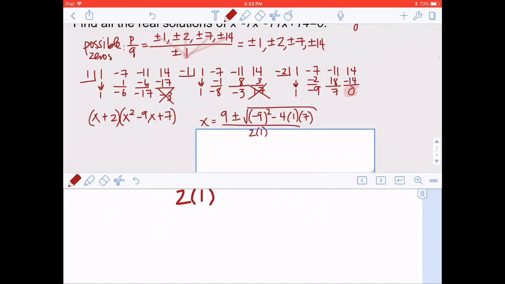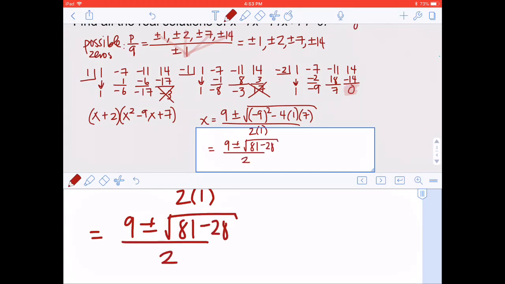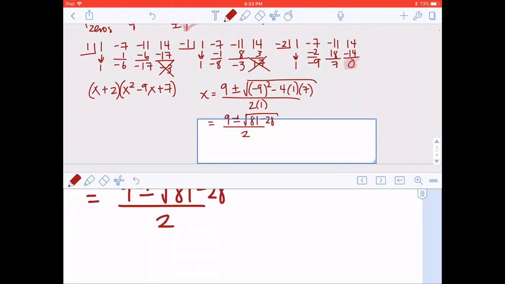There we go. So 9 plus or minus the square root of 81 minus 28, over 2, equals 9 plus or minus root 53 over 2.